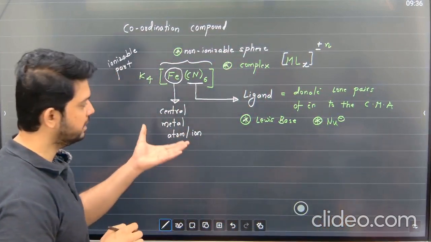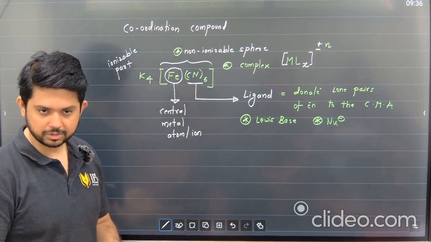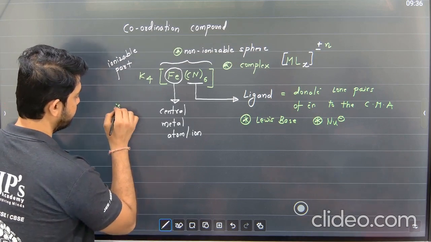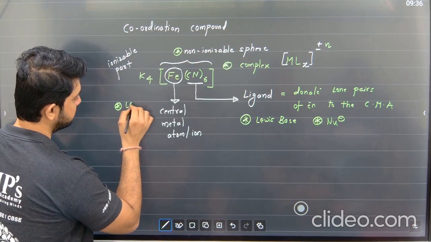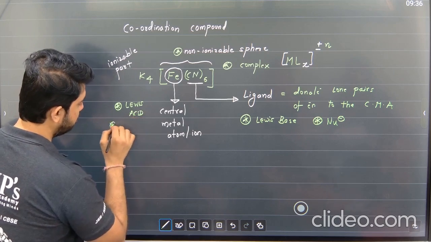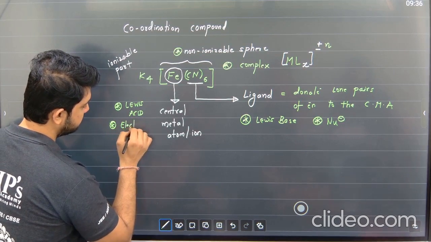Since the central metal atom is an electron pair acceptor, it is a Lewis acid. One more name, please. You can also call them electrophiles.